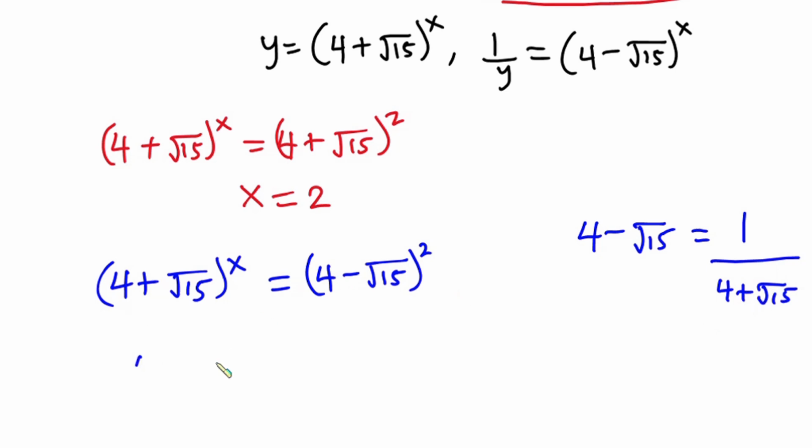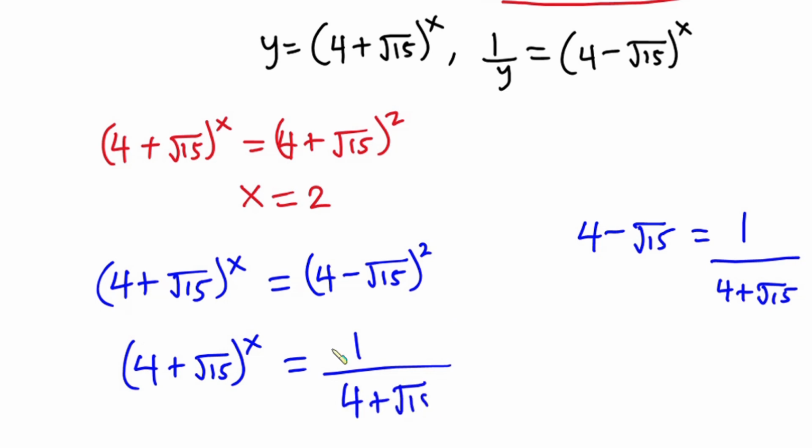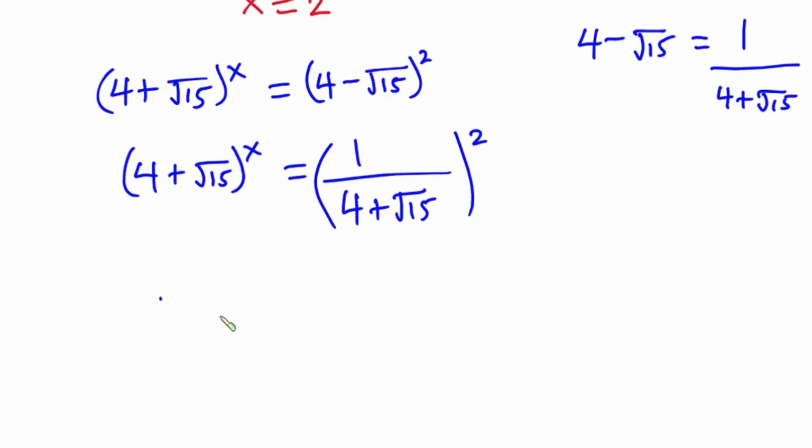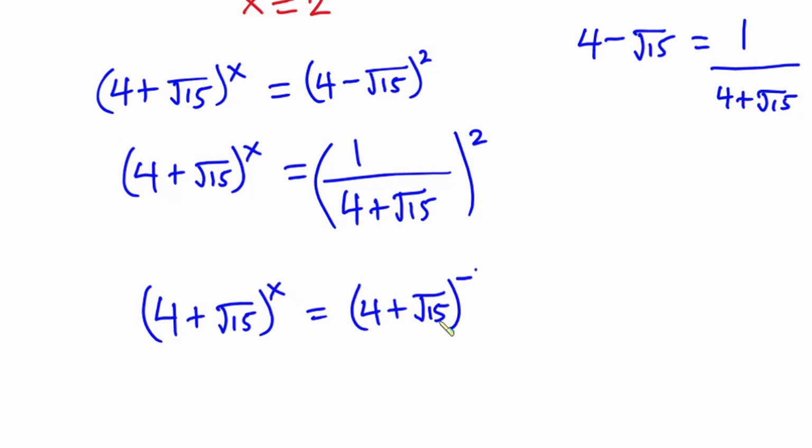So we have 4 plus square root of 15 all to the power x is equal to 1 on 4 plus square root of 15 all to the power 2. And don't forget that this could also be expressed as 4 plus square root of 15 all to the power x is equal to 4 plus square root of 15 all to the power negative 2.